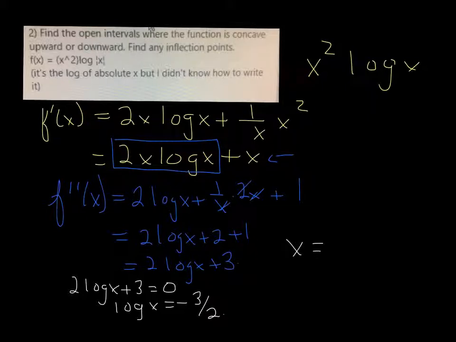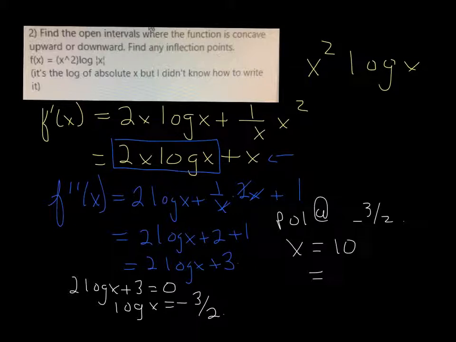So x would equal 10 to the negative 3 over 2, and you can work that out on your calculator as a value. So that is a possible POI, or point of inflection, because that's where the second derivative is equal to 0.